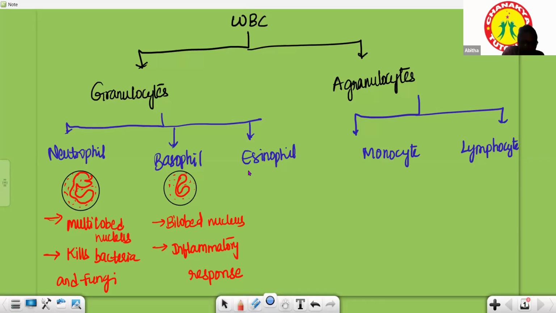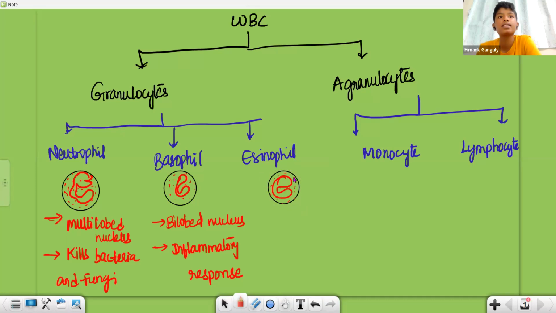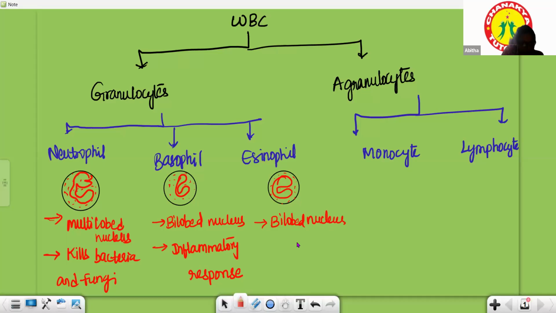Next one, eosinophil. Eosinophils are involved in allergic response. They act during allergic response. In some books, basophil is mentioned as trilobed also. Eosinophil is again a bilobed nucleus. Ma'am, bilobed means it has two lobes? Yes, yes. So it is a bilobed nucleus and shows allergic response.